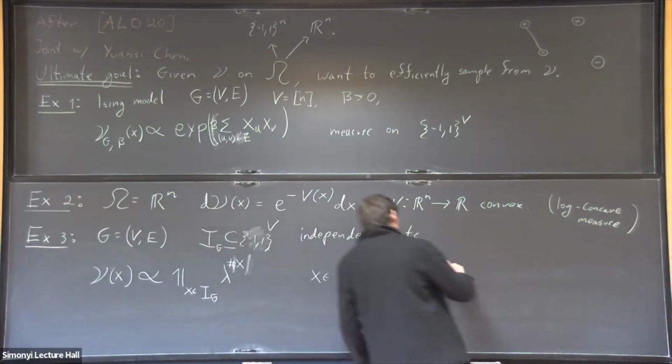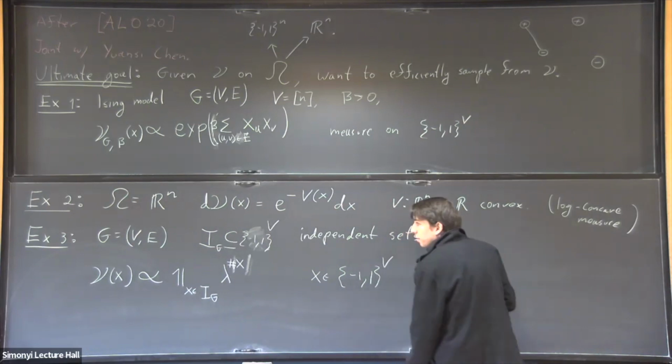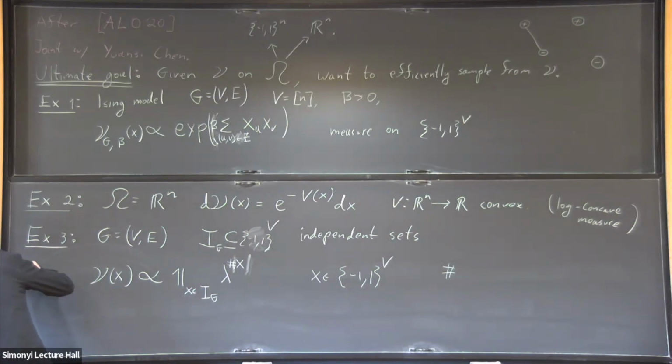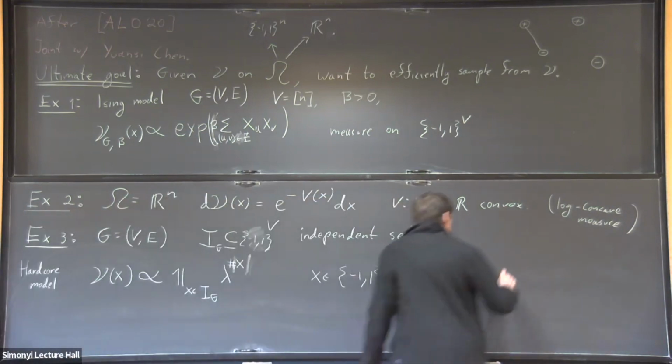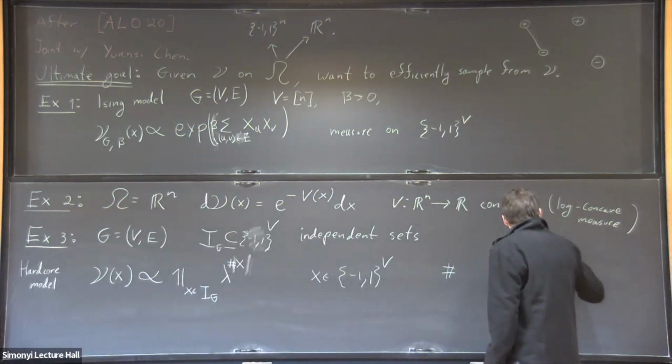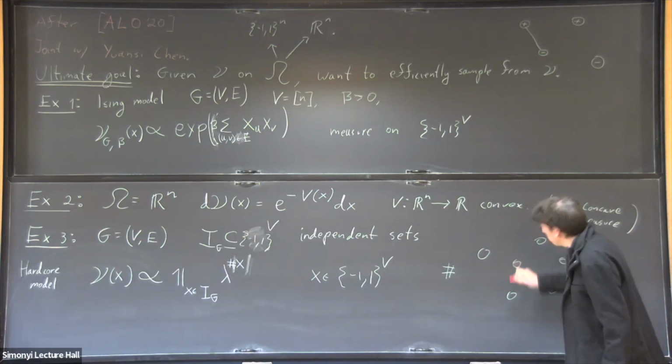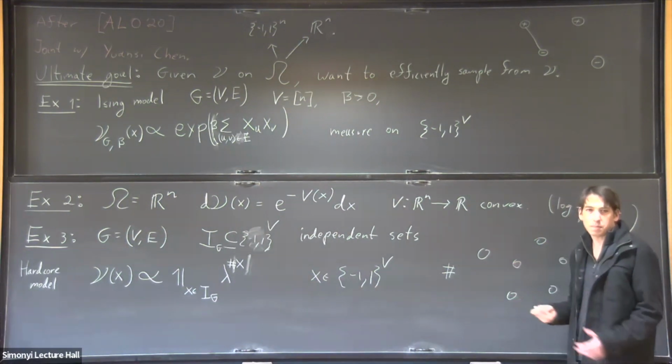So this is the hardcore model. The reason it's called hardcore is, I have a graph and I have some sites, and some sites can have particles in them and some sites cannot.